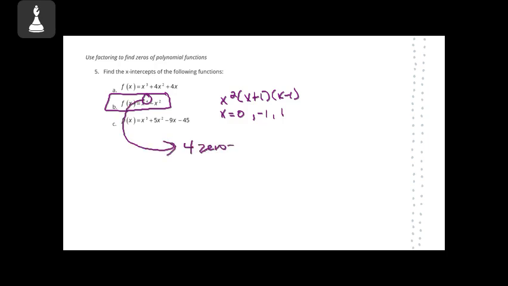The highest power is how many zeros you should have, but I only found 3. That's because this value of 0 here is actually a multiplicity 2, meaning that 0 happens twice. And that is going to impact how our graph looks at that spot.